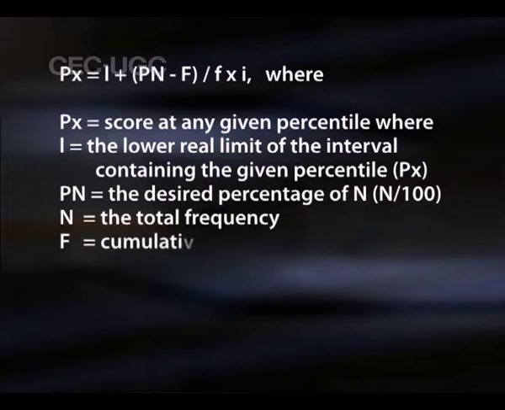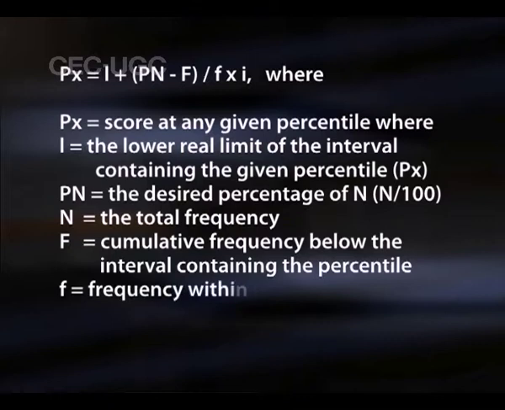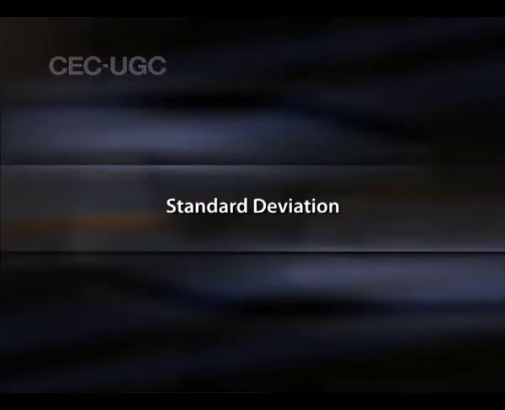Pn is the desired percentage of n, that is n divided by 100. N is the total frequency. Capital F is the cumulative frequency below the interval containing the percentile. Small f is the frequency within the interval containing the desired score. I is the interval size.